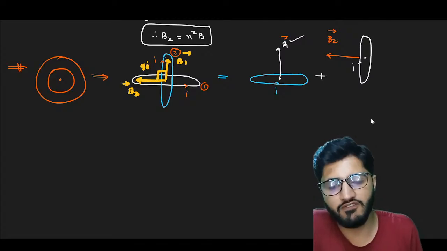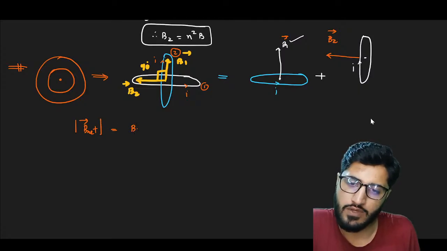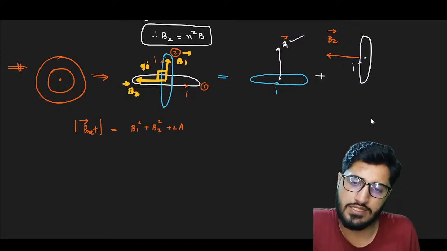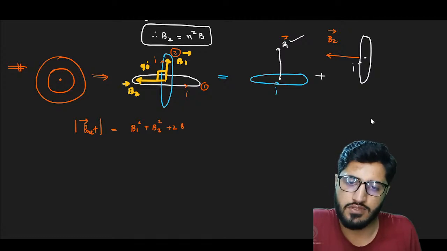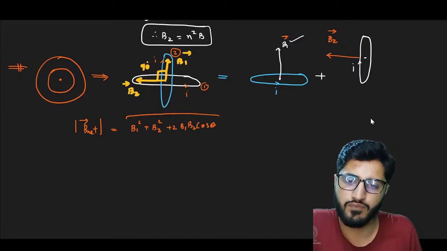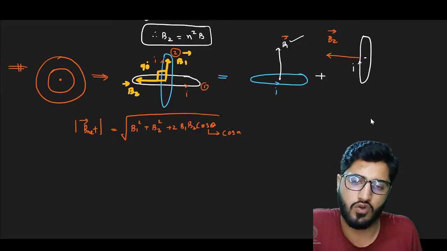So from vectors, what will be B net magnitude? It will be B1 square plus B2 square plus twice B1 B2 cos theta. Cos theta is cos 90, and cos 90 is 0, so the whole term gets cancelled out.